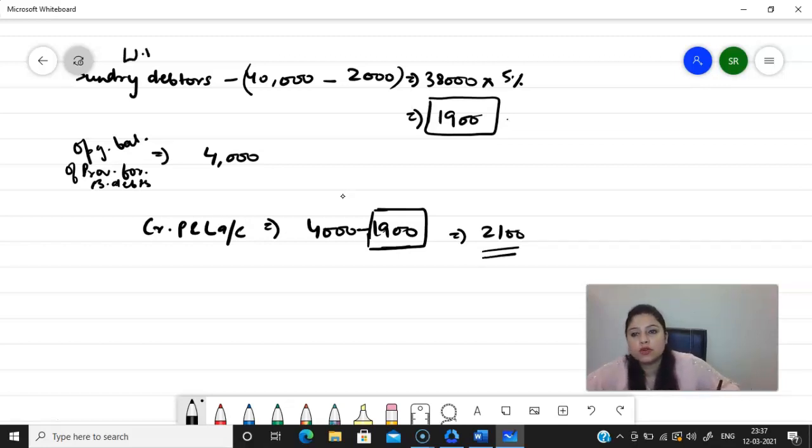So this you can show as a working note and then refer to this particular working note in your P&L account.